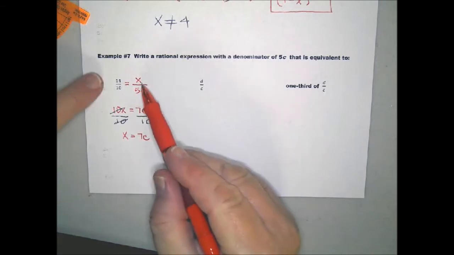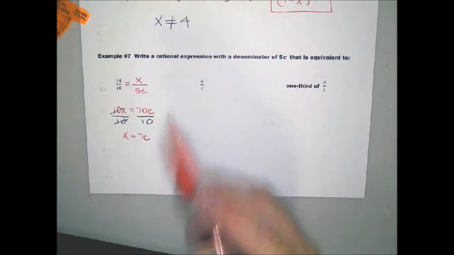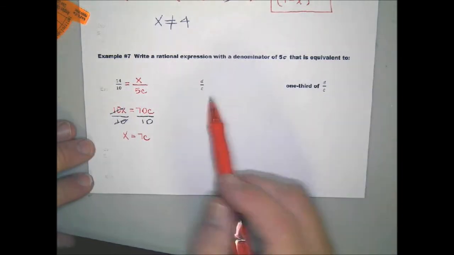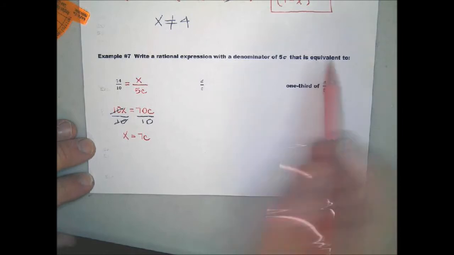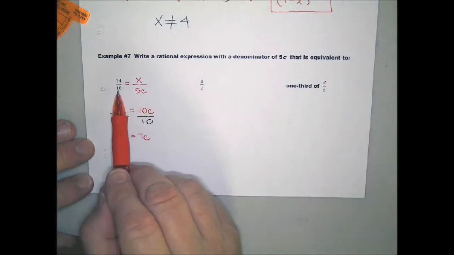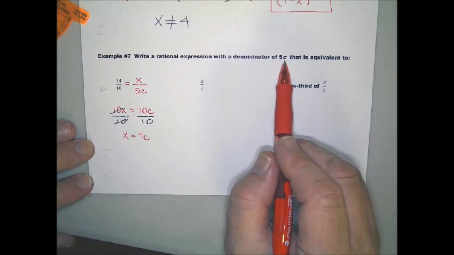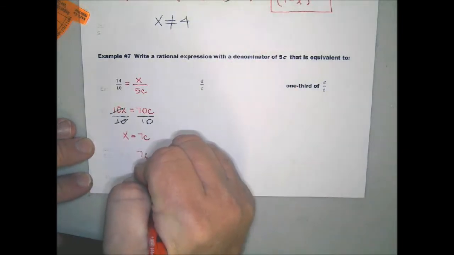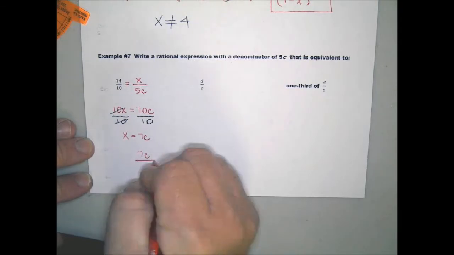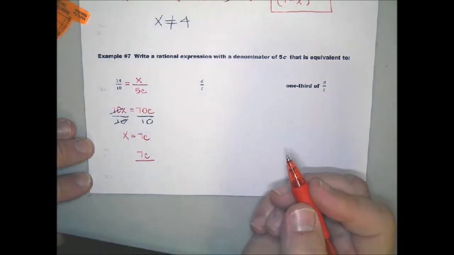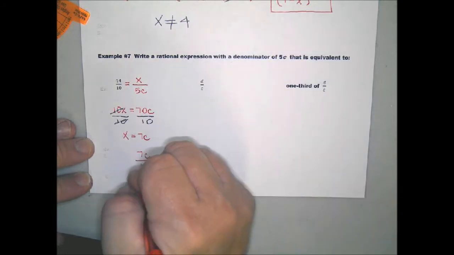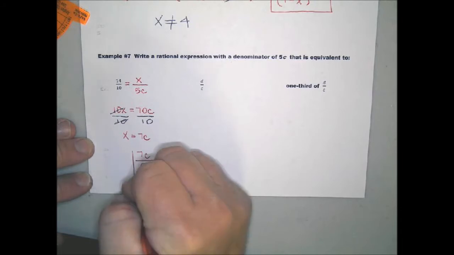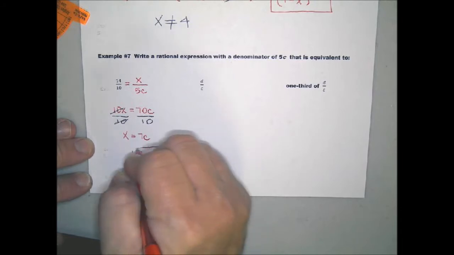Now remember, that's what my numerator would be. The problem wanted the entire rational expression, the entire fraction that would be equivalent to 14 over 10, knowing that 5c is the denominator. So all you've got to do is take that 7c as the numerator, and 5c is the denominator. So that would be the answer.